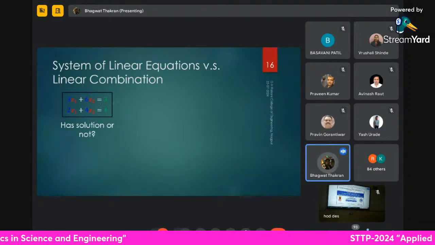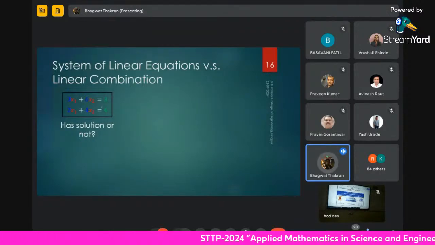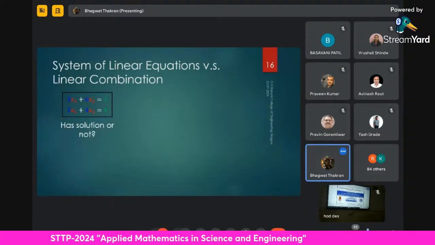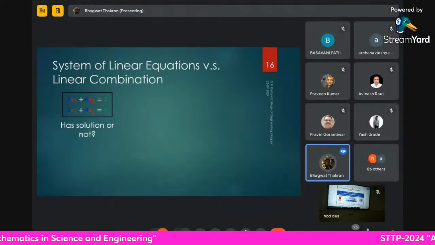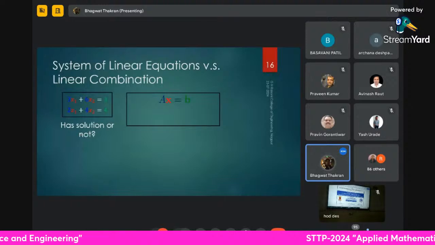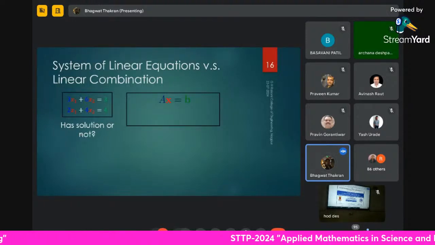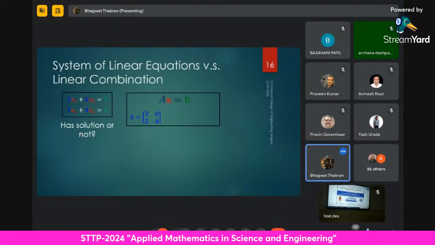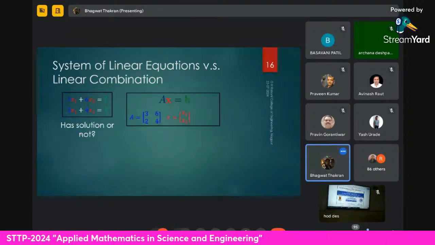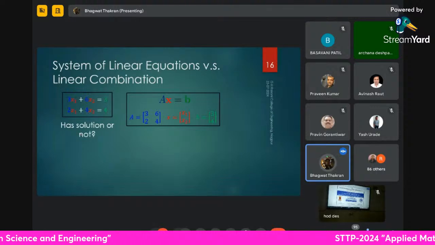We want to find out whether this system will have a solution or not. So we'll split them in the form of matrices, that is Ax equals B, where A is the coefficient matrix, X is the variable matrix, and B is the constant matrix.